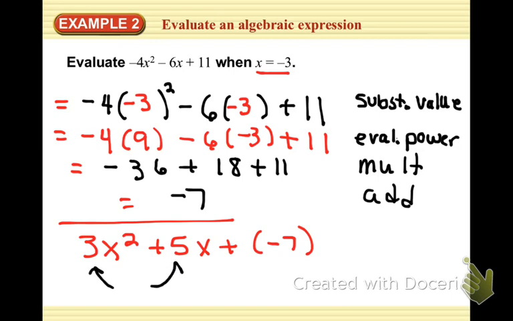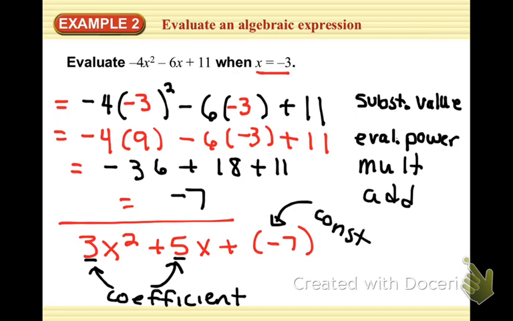But the 3 and the 5, the value in front of the variable is called the coefficient. The number that does not have a variable is called the constant. And the variable or variable terms are the x's in this instance.